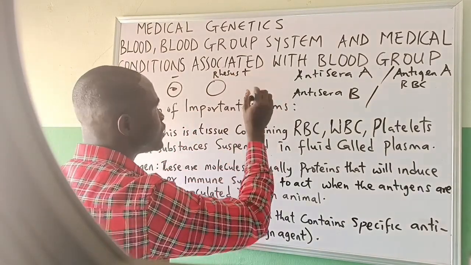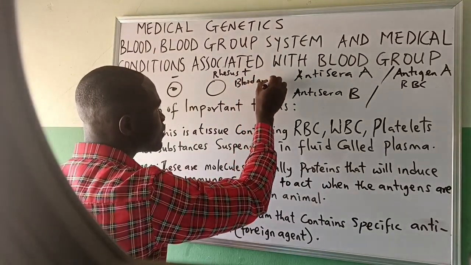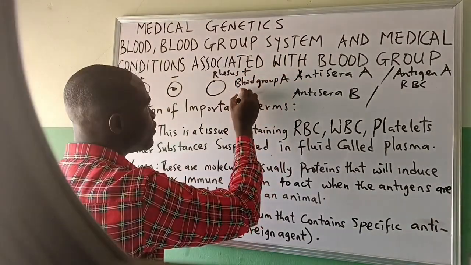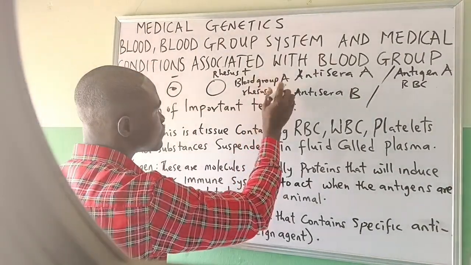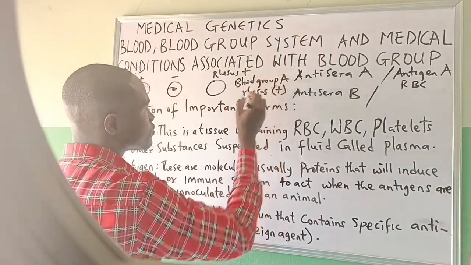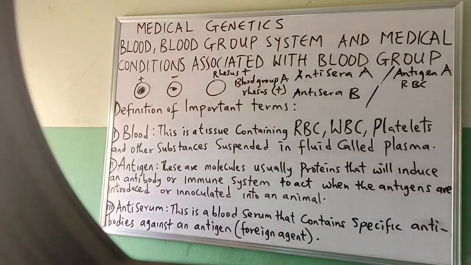See how we write it: blood group A positive. That means this is the blood group of that individual.